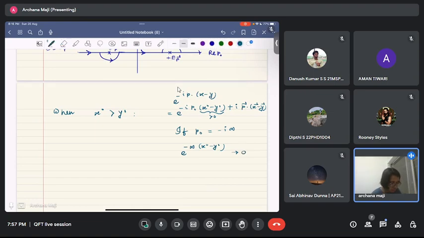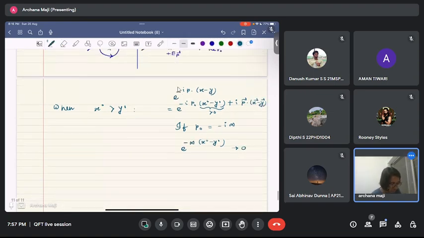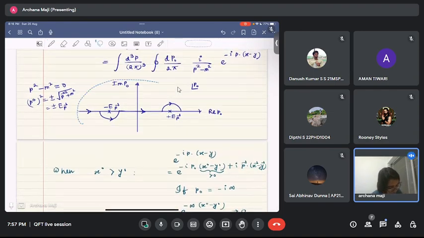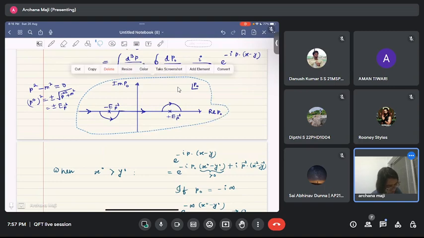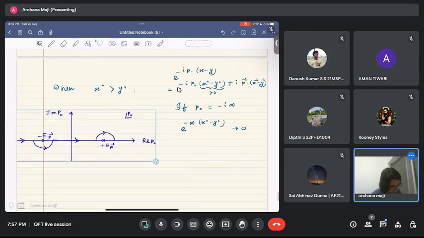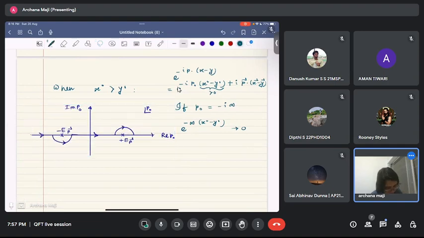So we close the contour when x0 is greater than y0. Let us complete our contour. The contour should be closed this way.